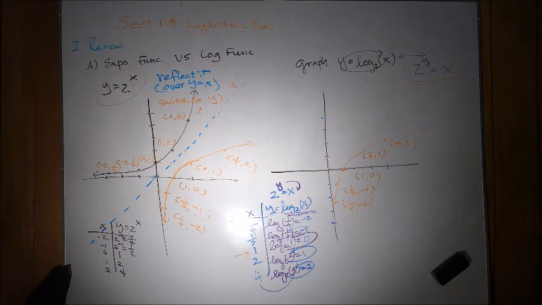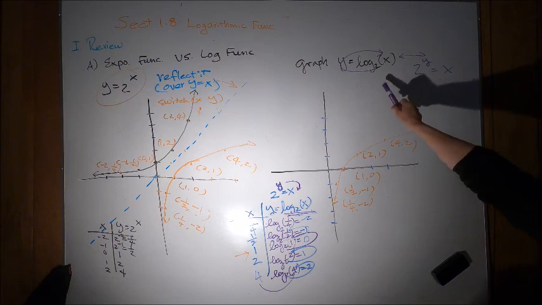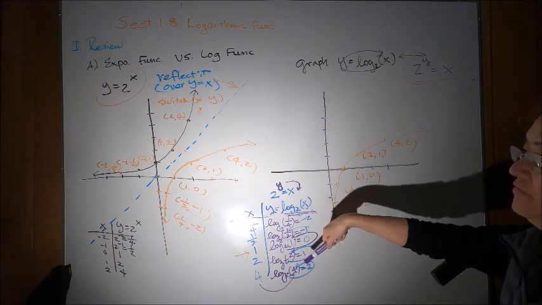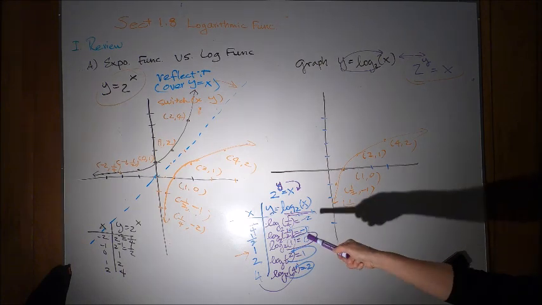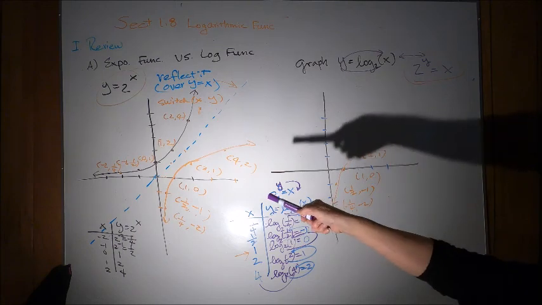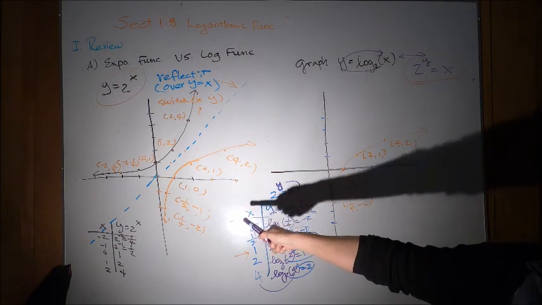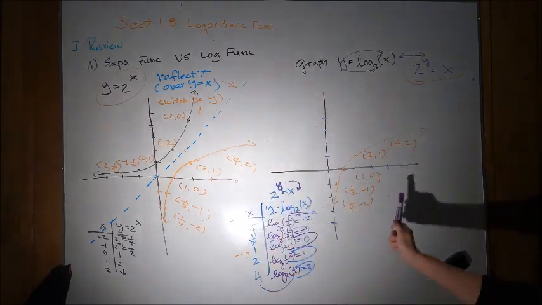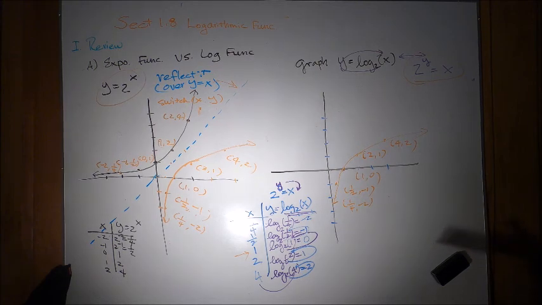So one way is we do the log function, if you remember how to evaluate it, or put it into the calculator to find the value, and you will get this. Or we get a reflection from the exponential function. The reflection is this one. So they end up the same, right?